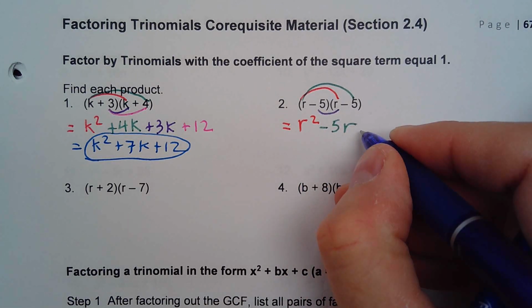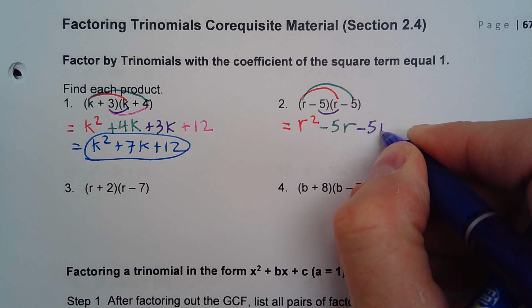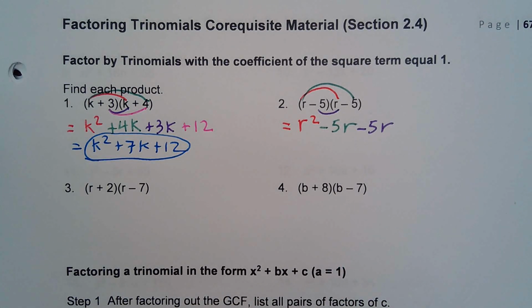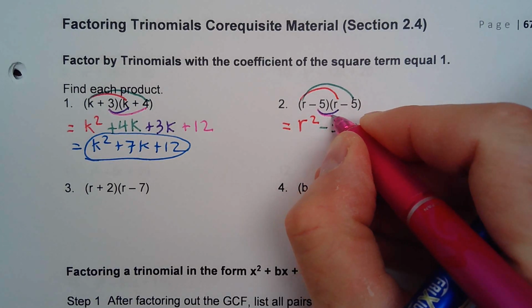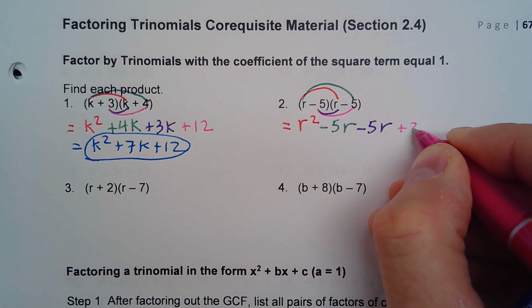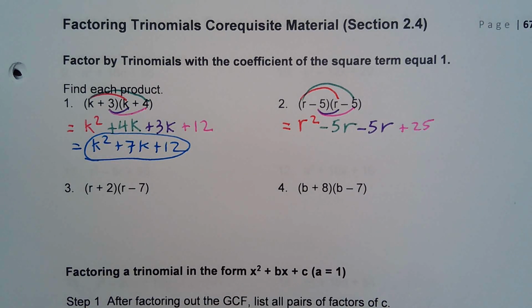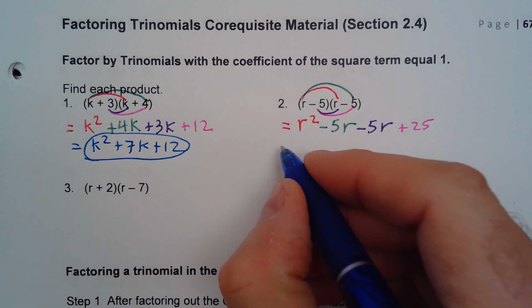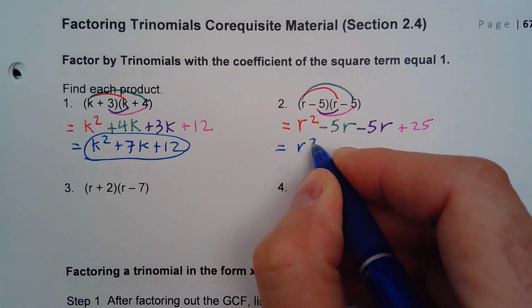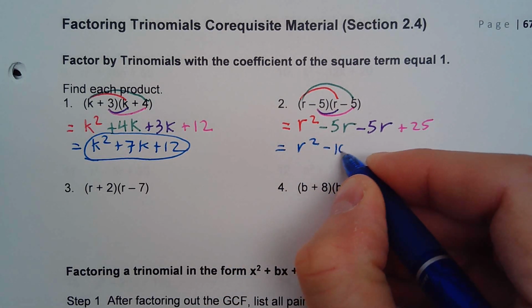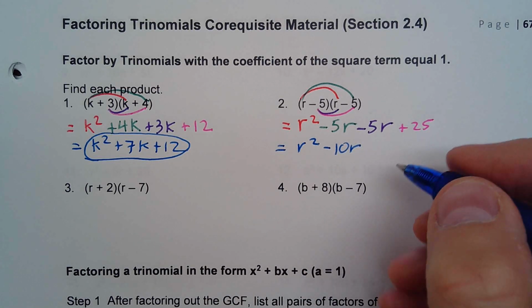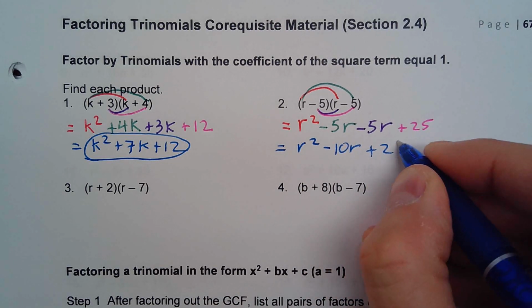That's another minus 5r. And then I'm going to do my last, positive 25. And when we combine like terms, we'll get r squared minus 10r plus 25.